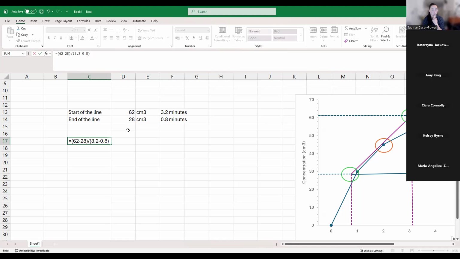It should tidy up to something like this: our concentration at the start of the line minus the concentration at the end of the line, our two values there, and then our times at the start and the end of the line, so 3.2 and 0.8. So all in all we should be getting an instantaneous rate of 14.16.